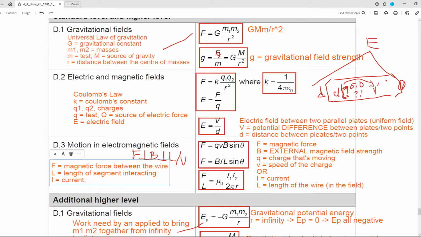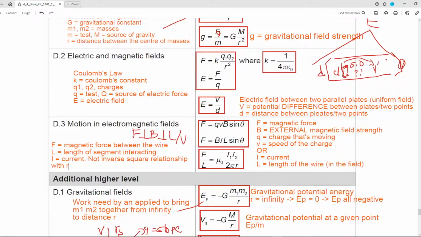So it's not r squared, it's r, and it's not an inverse square relationship with r. So pay very close attention to that. It might seem similar, but it's not quite true. Once again, I will not draw it here, but just know that it's not inverse square.